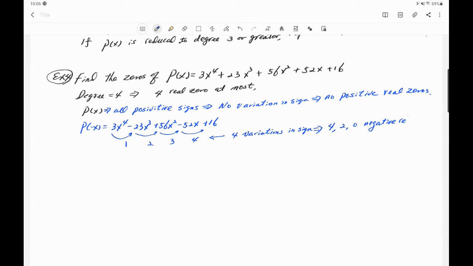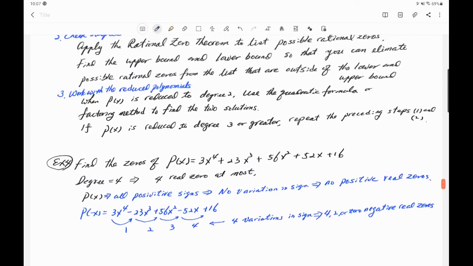So there are 4, 2, or 0 negative real zeros. Can you see it? So the number of negative real zeros may be 4, 2, or none. All right, so let's try from here.